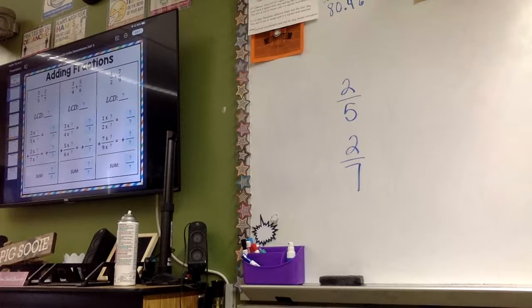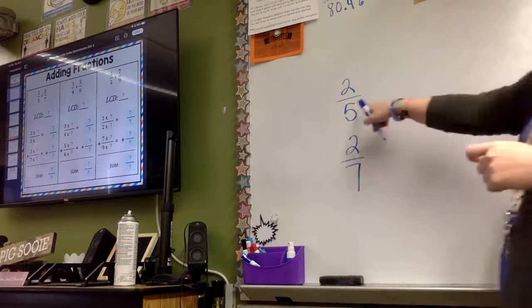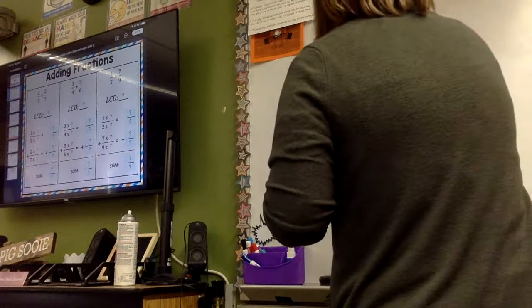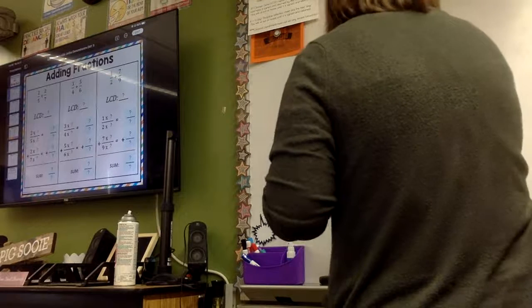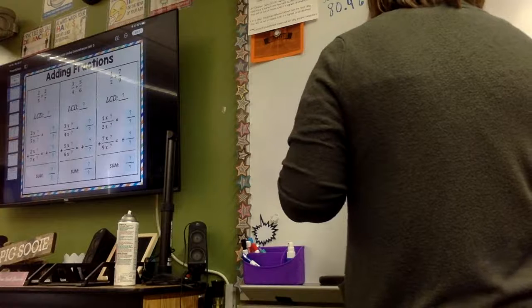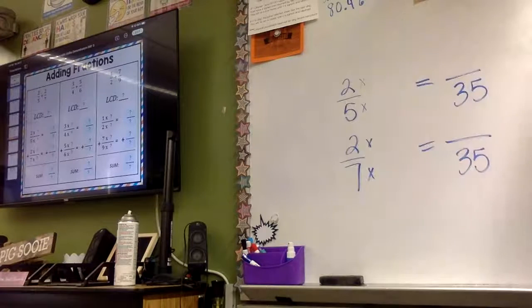I can probably multiply them together. If I multiply these two together, what does my common denominator become? 35. Okay, so I know I have to do all of this, which makes my common denominator 35. Now I have to fill in the gaps.